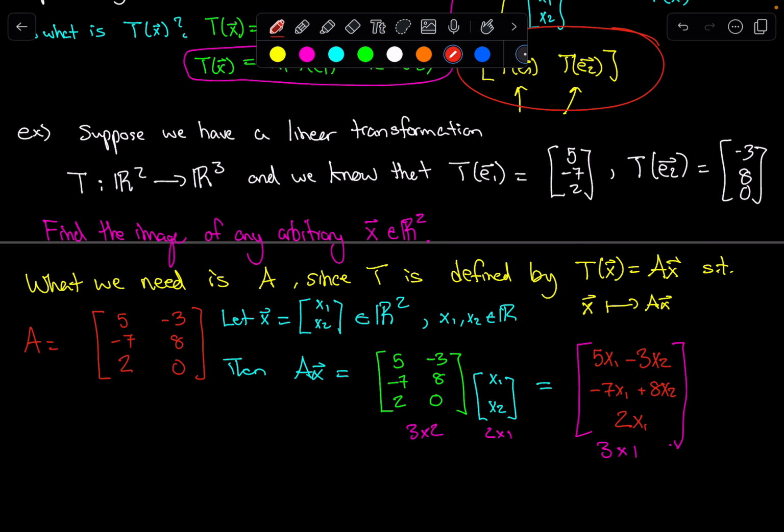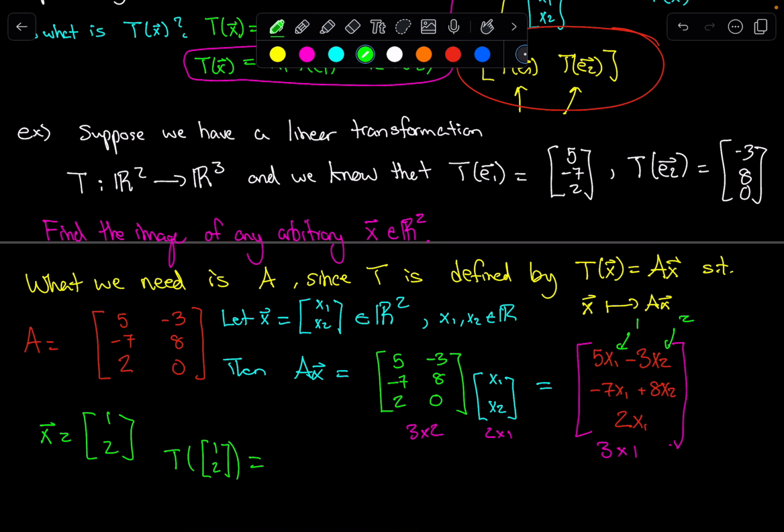If you were given a vector like x equals (1, 2), I would know, without having to do this transformation 8,000 times from scratch with a whole bunch of matrix multiplication, I could just plug in 1 for x1 and 2 for x2 and very quickly get T of (1, 2).